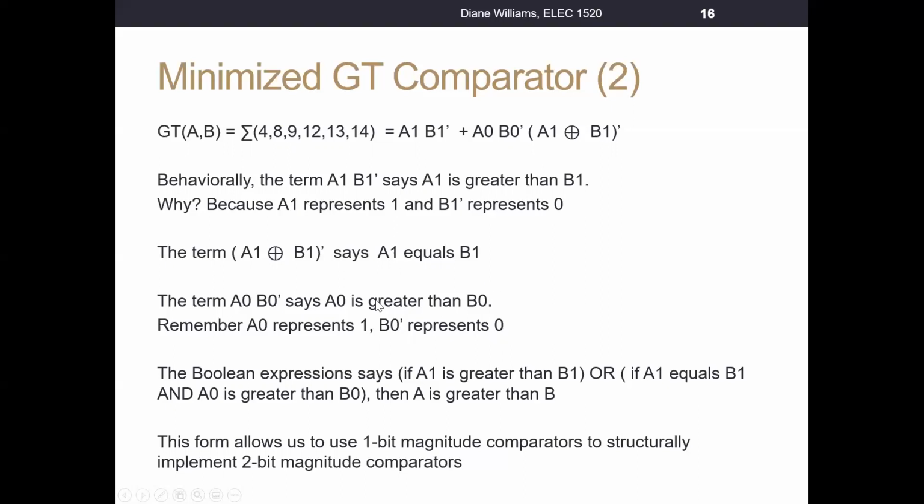And so if we were trying to put the Boolean expression into words and put these three ideas together, this Boolean expression says if A1 is greater than B1, or, there's our OR gate, or if A1 equals B1, and that is ANDed with this, and A0 is greater than B0, then A is greater than B. A can be greater than B when either one of these is true, so when this term is true or when this term is true.